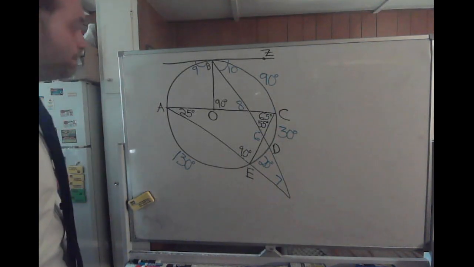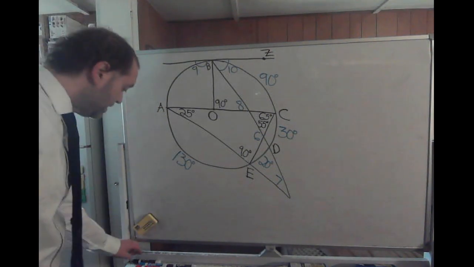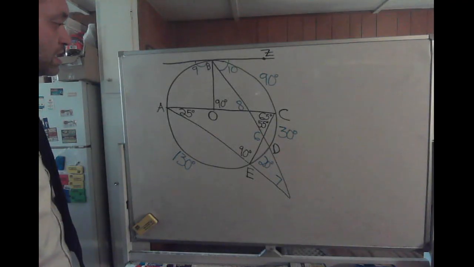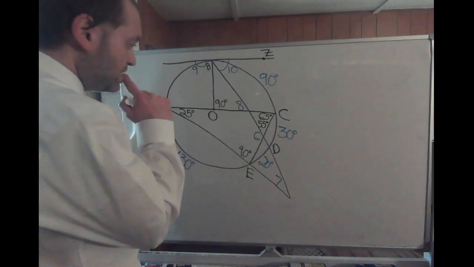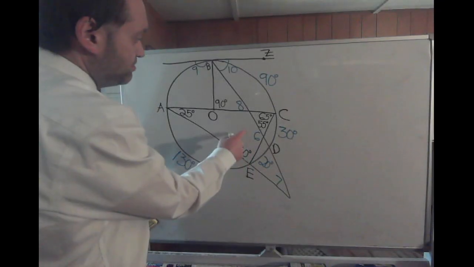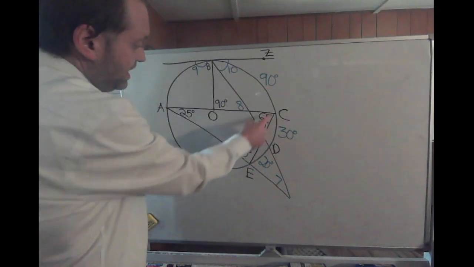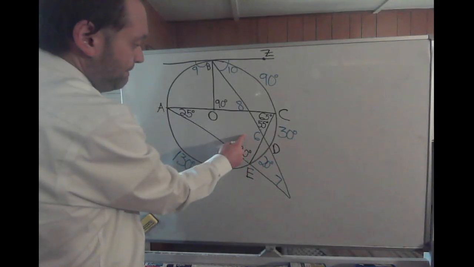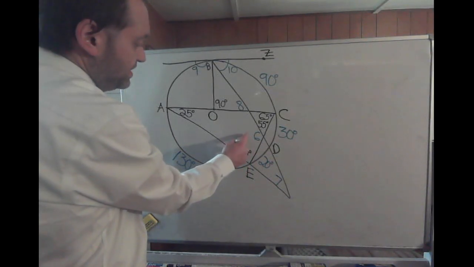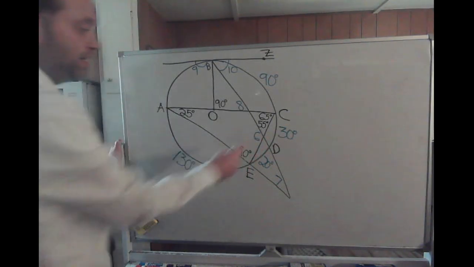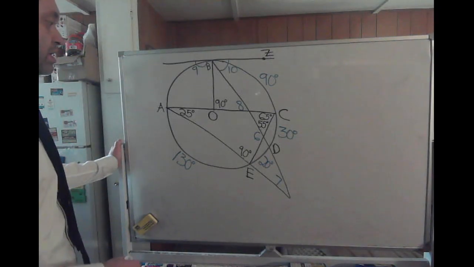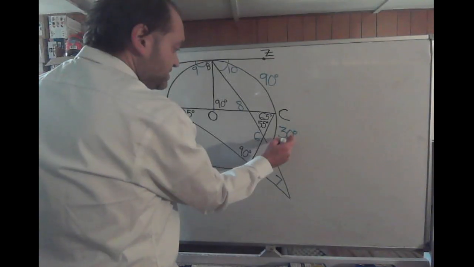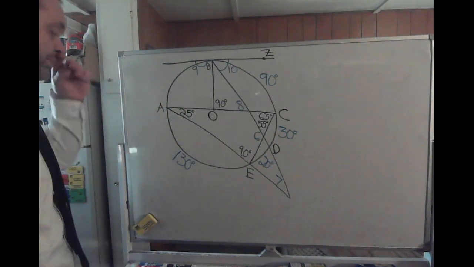Alright, so let's take a look at this here. Yeah, it's BD and CE, which would definitely, this angle here, because vertical angles are congruent, would be intercepted, of course, by the 30-degree arc.